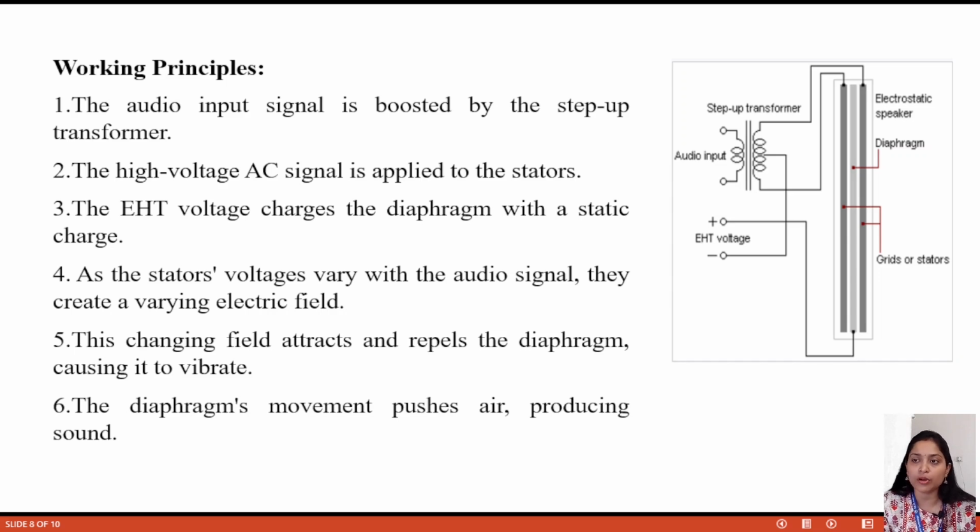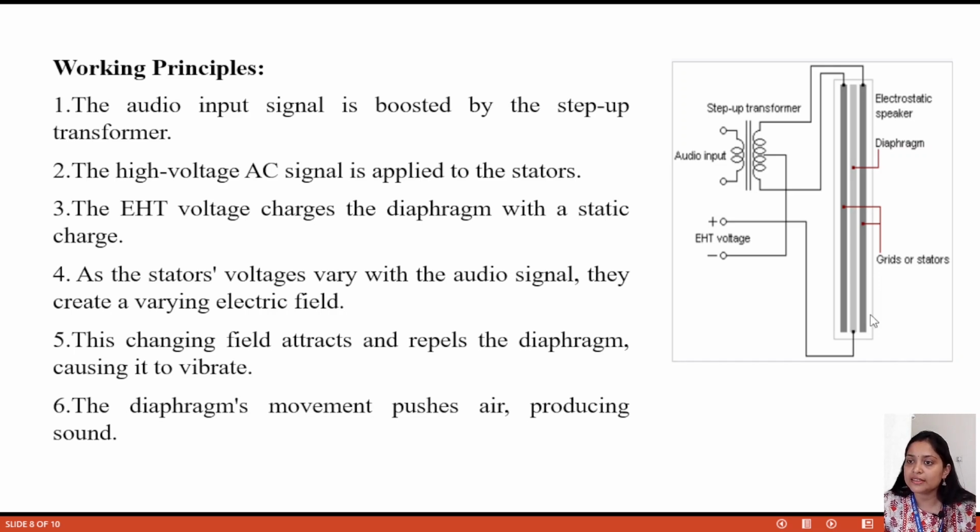I hope all of you can understand. Just once again I repeat: the audio signal passes through the step up transformer, which converts the low voltage signal to a high voltage signal, then passes this signal to the stators. The stators are a conducting material, so when the AC signal varies, the electrical signal also continuously varies.